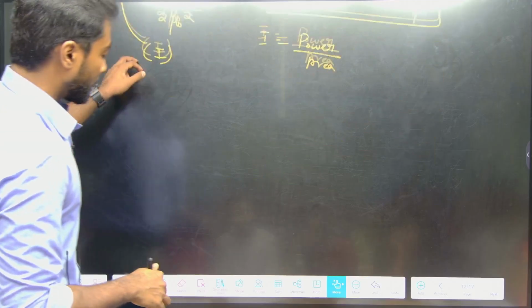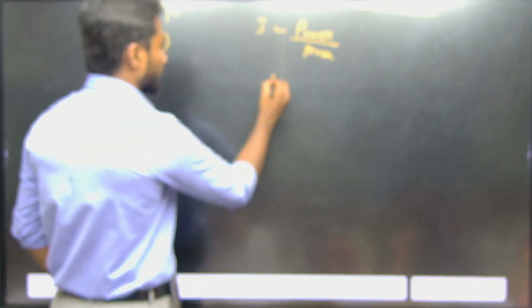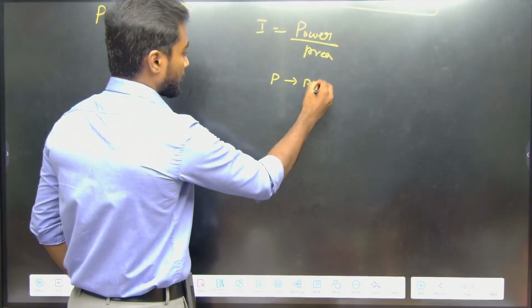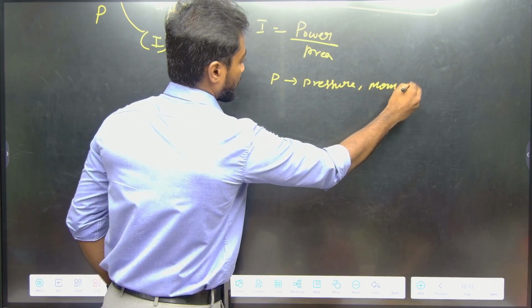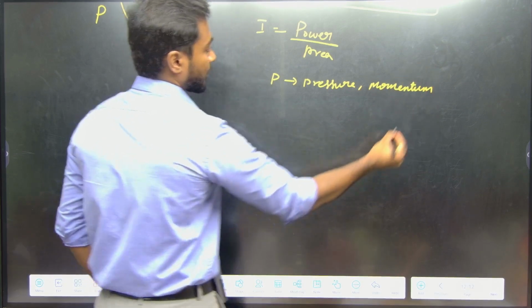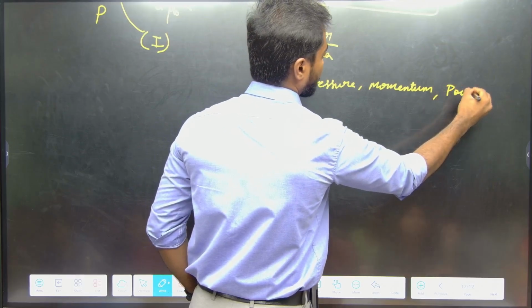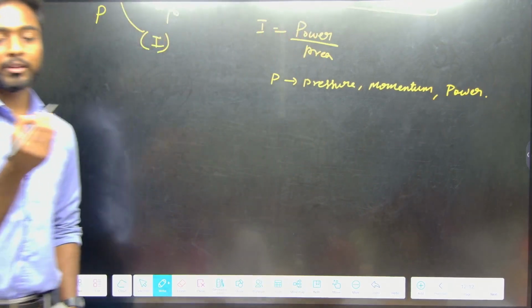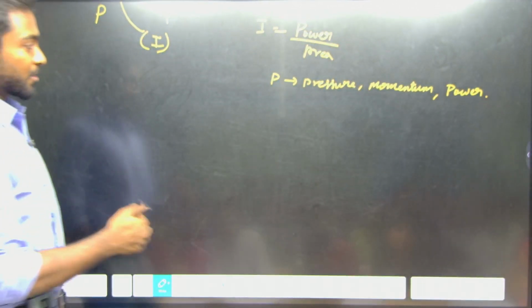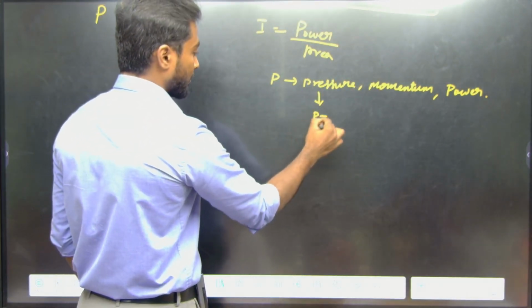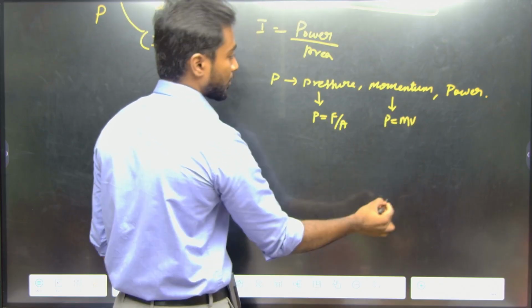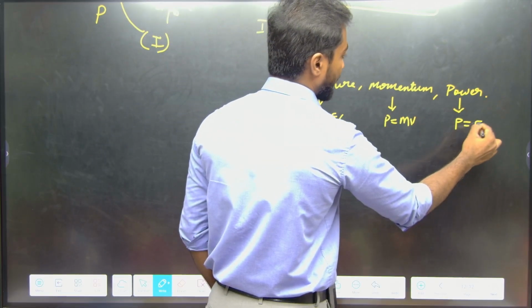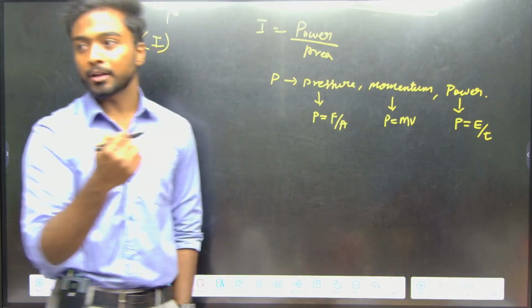Under this you can take some note points: P is nothing but pressure, momentum and power. For everything we are using the same terminology P. So what is the pressure formula? P equals F by A, P is equal to M into V, P is equal to E by T or W by T, right now?